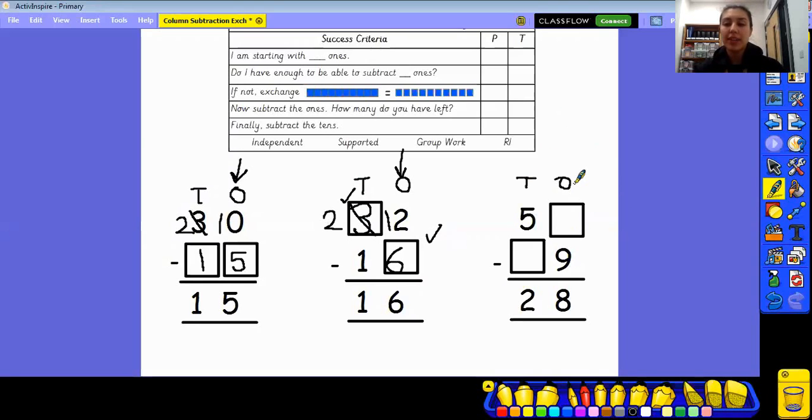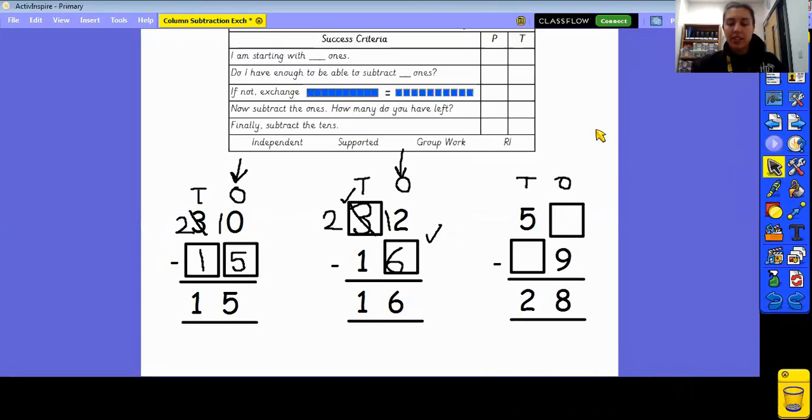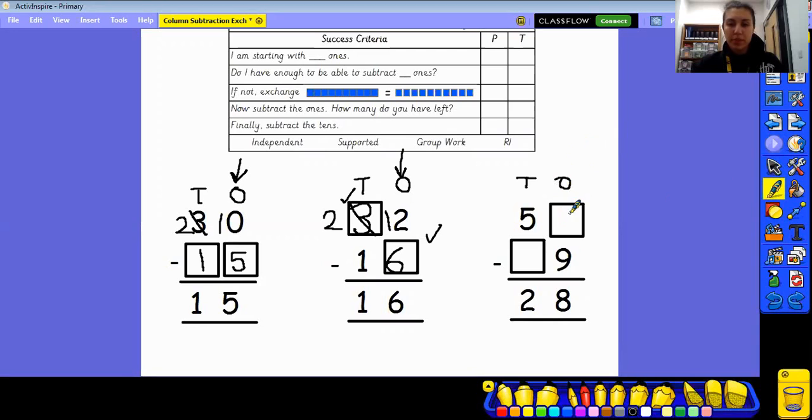And then when you're ready, or if you've had enough and it's too complicated, then play the video and we'll go through it together. Okay, are you ready to go through the answers for this last calculation? Super. So, as always, we start with our ones. So, something, take away 9 equals 8.